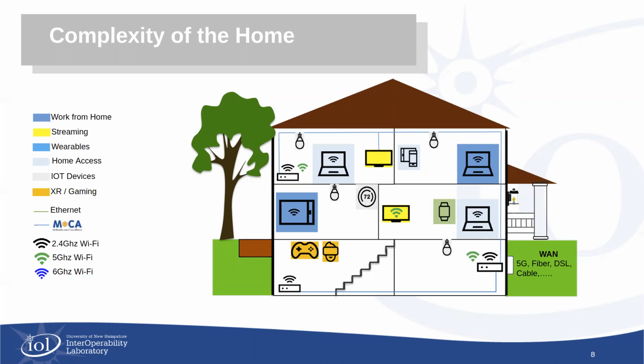So understanding all that and understanding the complexity is really going to drive us into why we believe TR398 is an important solution to understanding performance across the home. Those Wi-Fi access points today, whether they're connected via Wi-Fi or whether they're connected via MoCA or Ethernet or G.hn, really defines the architecture and topology of the home.